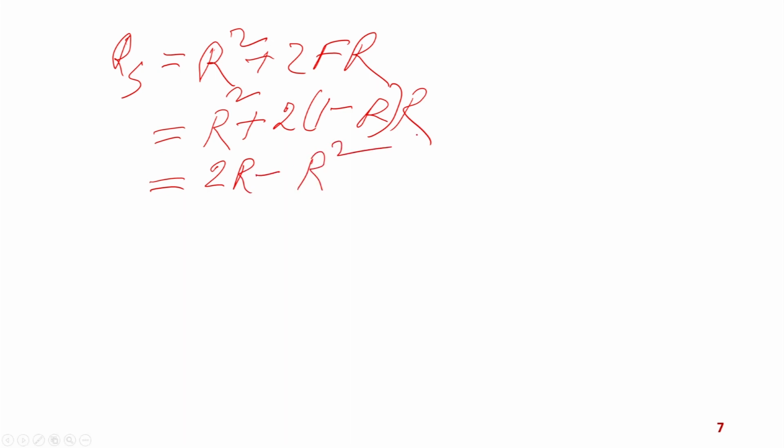Now, if we just consider a constant failure rate, then I can express this reliability function in terms of the constant failure rate or hazard rate.